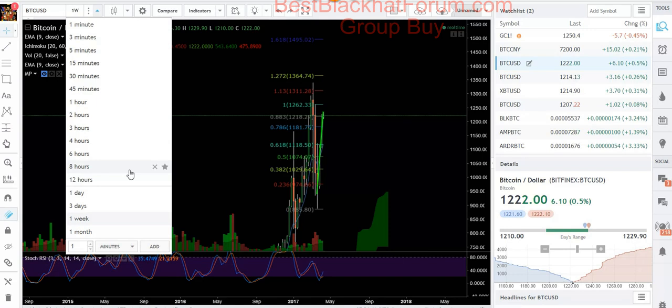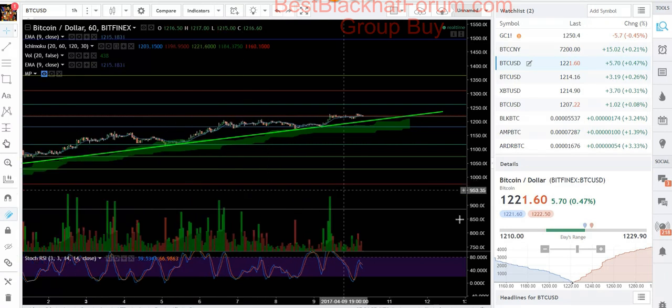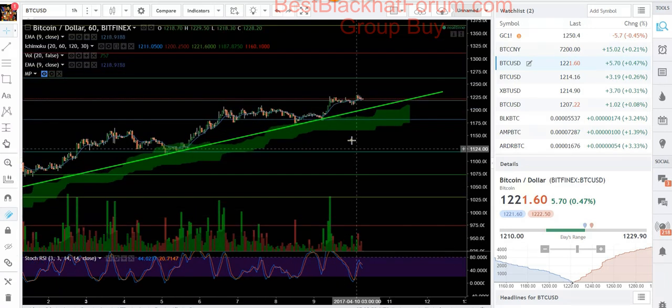So after we get a correction from this move right here, we're most likely going to continue to higher highs. But this move that we're on right here is eventually going to come to a point where it's out of energy. How would we spot a move like that breaking down?